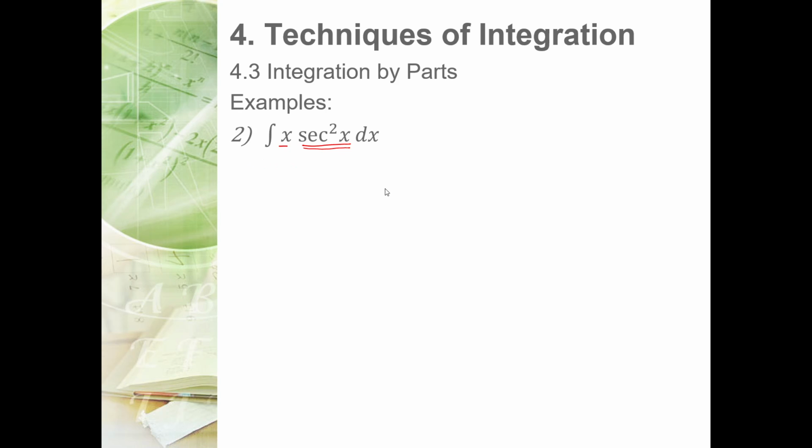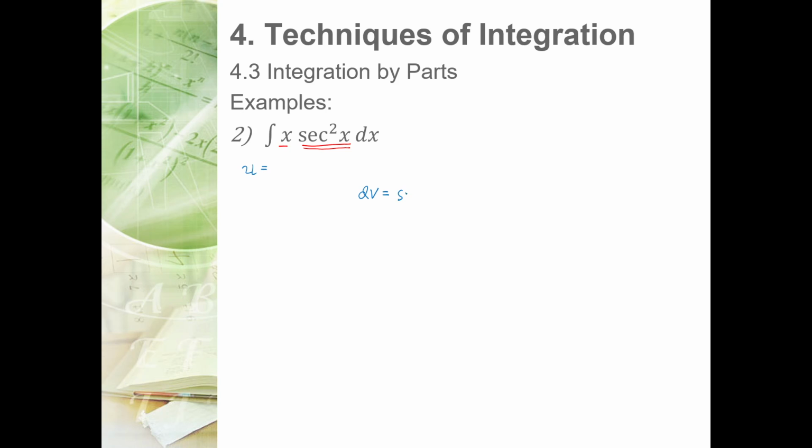So first we need to set up our u and dv. So u first and then dv. Again, we can choose the complicated term as your dv. I think the most complicated is secant squared x compared to x.